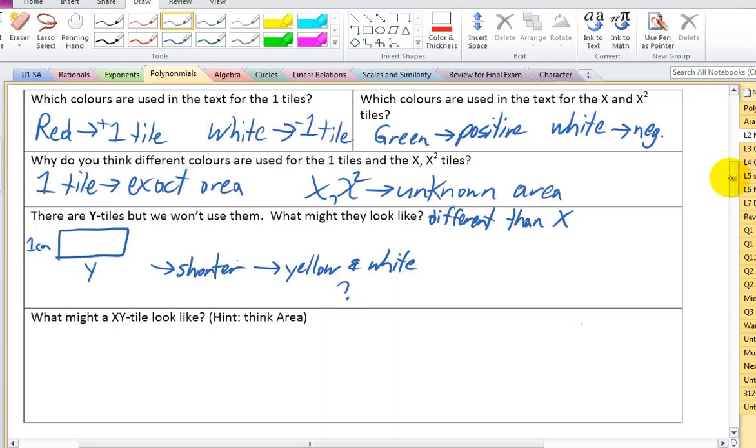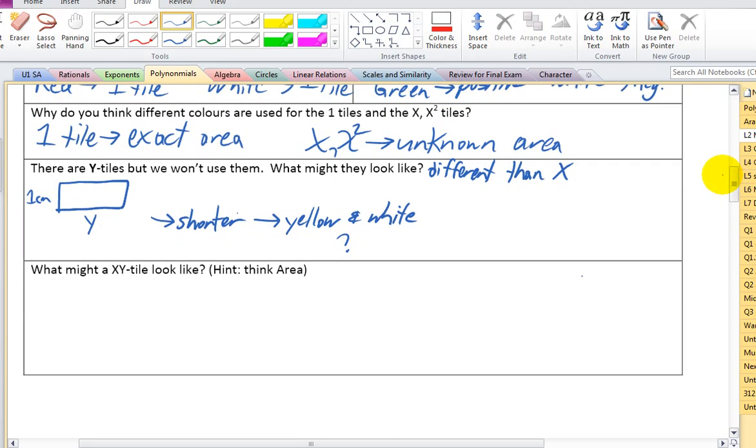Then what about an XY tile? What do you think that would look like? It's like a different width and a different length. So what would be its length and width? Think area, X and Y. So one side would be length X and the other one would be length Y. I want to make it clear that the Y is shorter, okay?